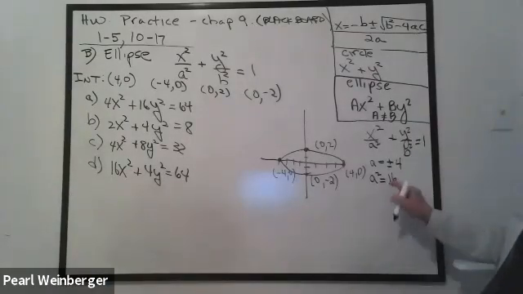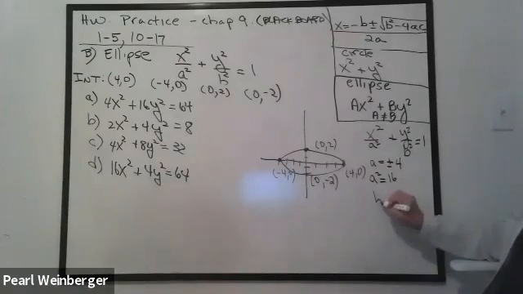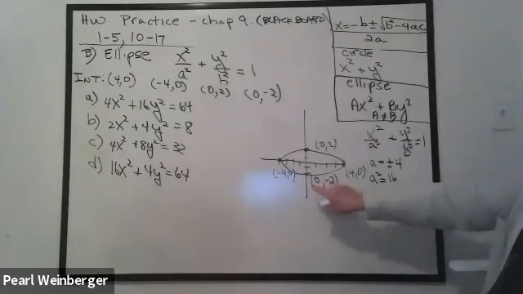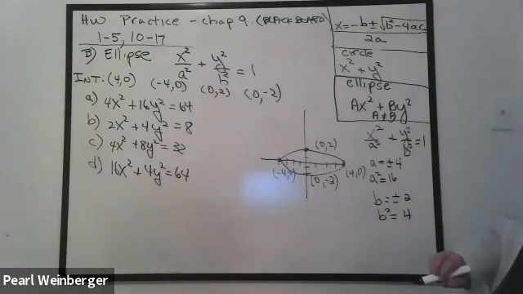Negative 4 times negative 4 is 16. Positive 4 times positive 4 is 16. The b are the y-intercepts, which are either plus or minus 2. That's what they told me, which means that b squared has to be 2 squared, which is 4.